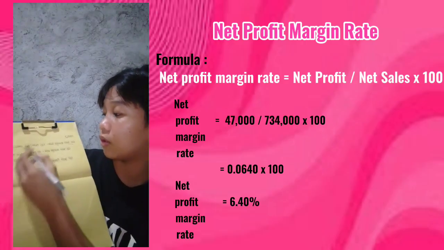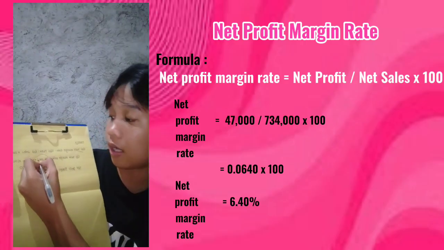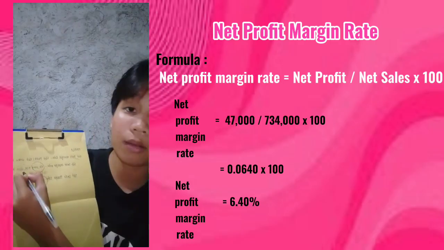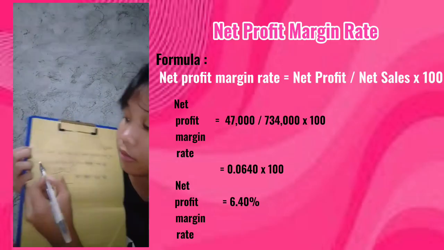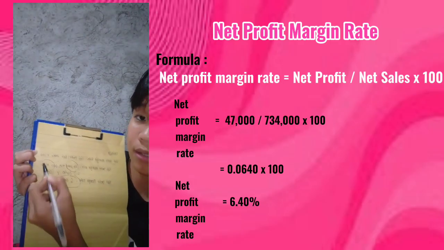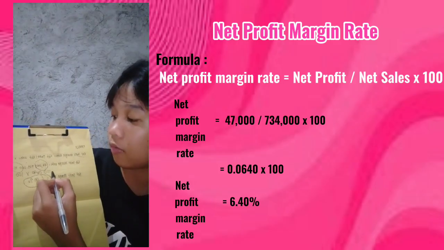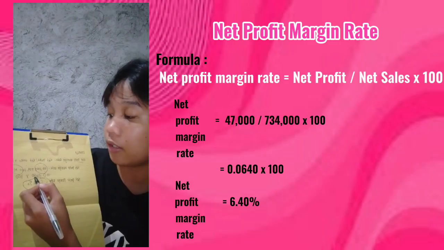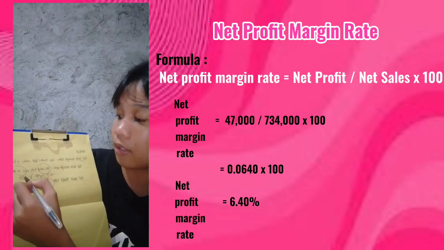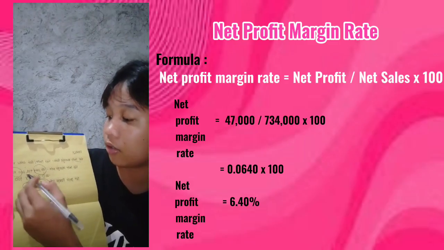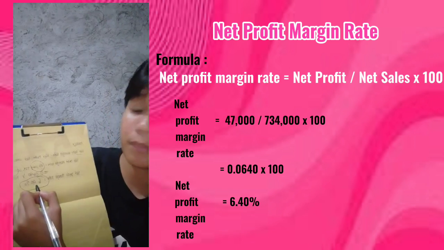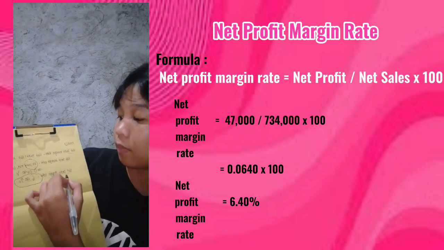So 47,000 divided by 734,000 times 100 is 0.0640 times 100, and the total is 6.40%. Net profit margin rate.